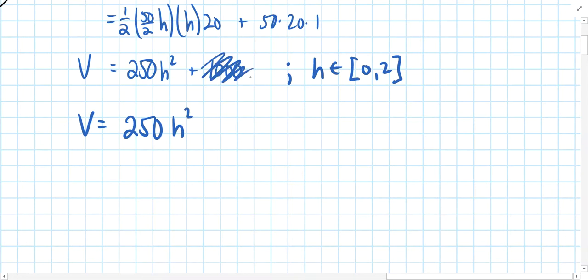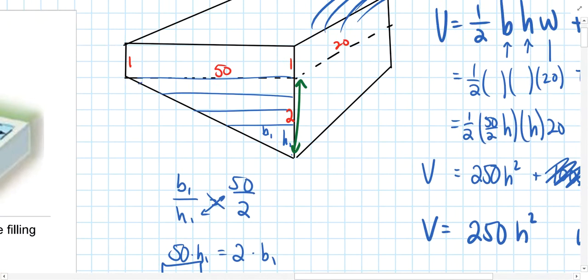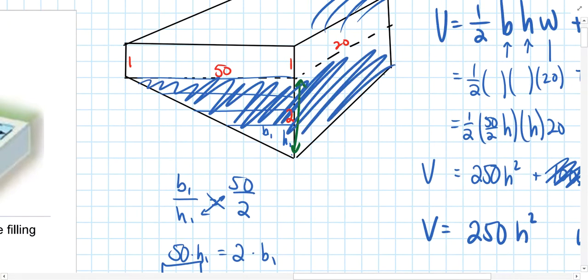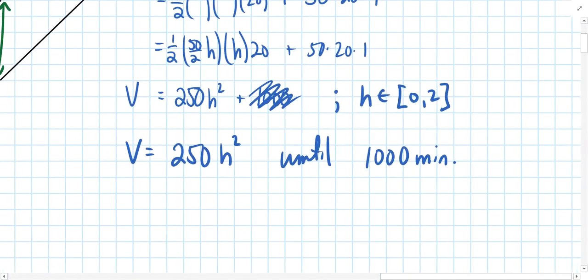We won't even worry about this 1000 component until, I'm sorry, until 1000 minutes have passed. So for the first 1000 minutes, this is the only formula that's necessary for us to consider. And then finally, after 1000 minutes, that's when this lower portion of the pool is going to be filled. And then from there, we've got another 1000 minutes to fill the rest of the pool.